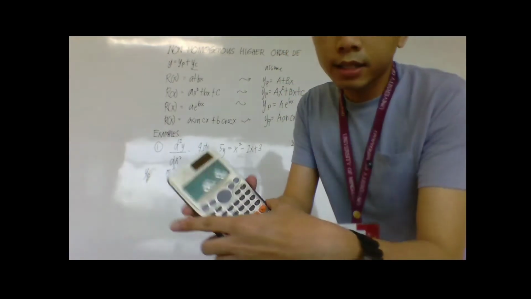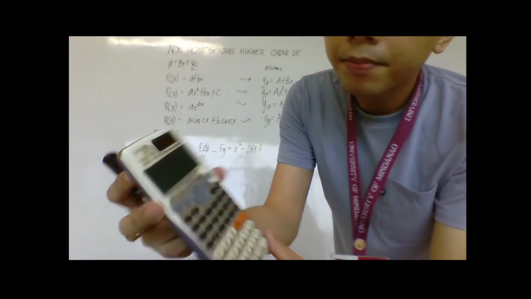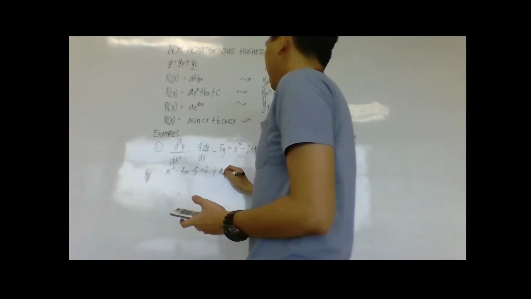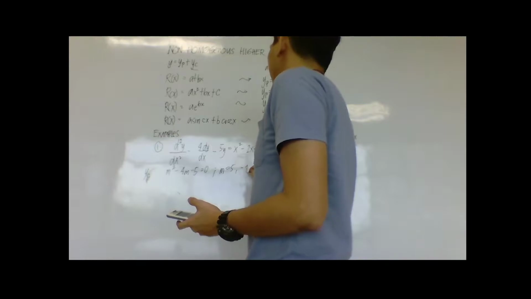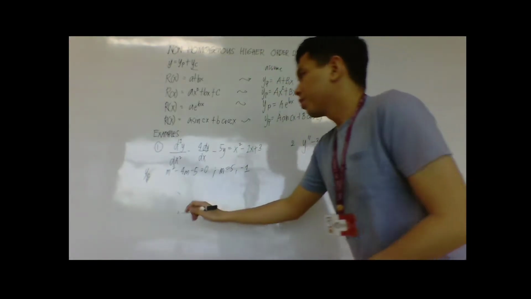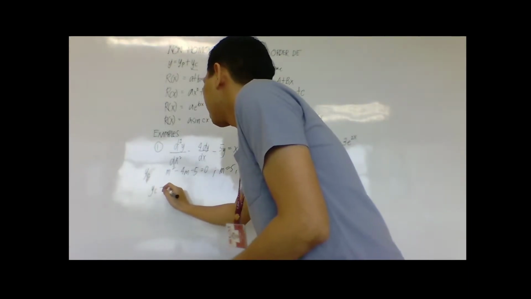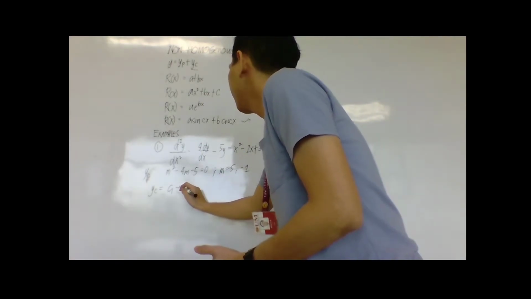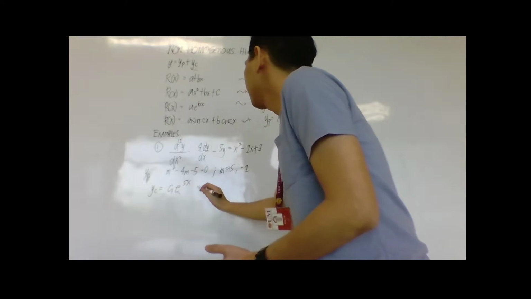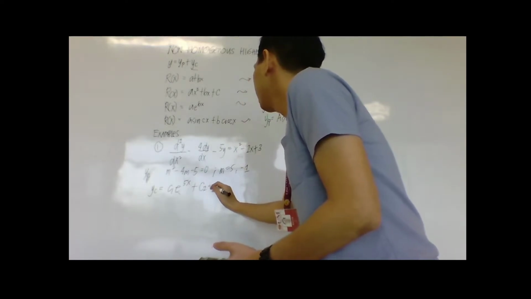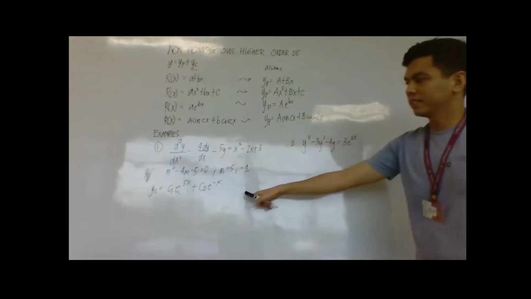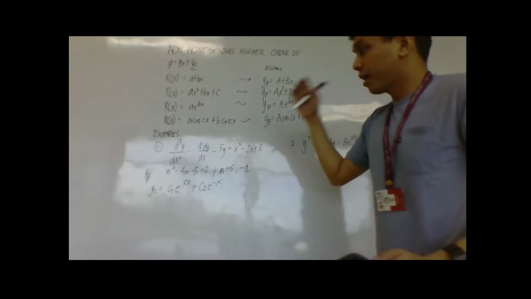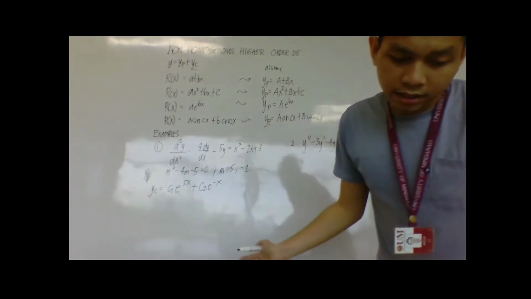The roots are 5 and negative 1. So m is equal to 5 and negative 1, and therefore you have yc as c1 e raised to 5x plus c2 e raised to negative x. That is your yc, which was our lesson yesterday.